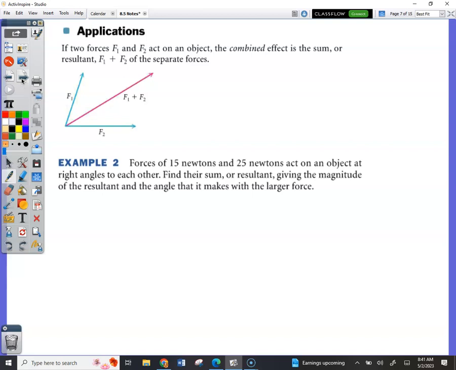If two forces, F1 and F2, or vectors, act on an object, the combined effect is the sum or resultant. This is a vocab word right here. The combined effect or sum is called the resultant.